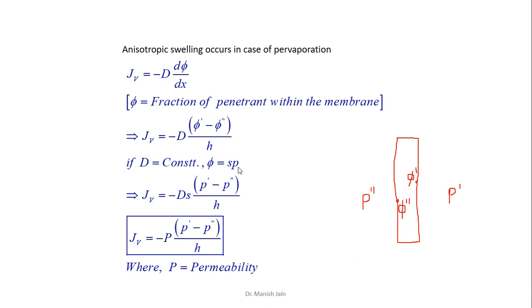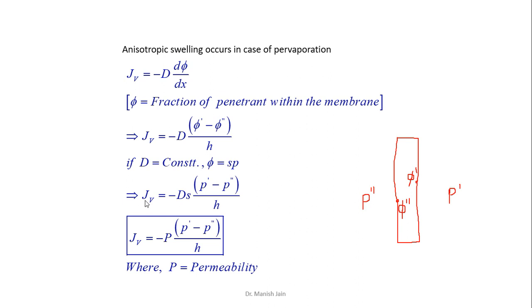So phi equal to SP, where P is the partial pressure and S is the Henry's coefficient. So you can write JV equal to minus DS times P dash minus P double dash, because in this process we generally assume S as a constant. So the Henry's coefficient will not change across the membrane in general.